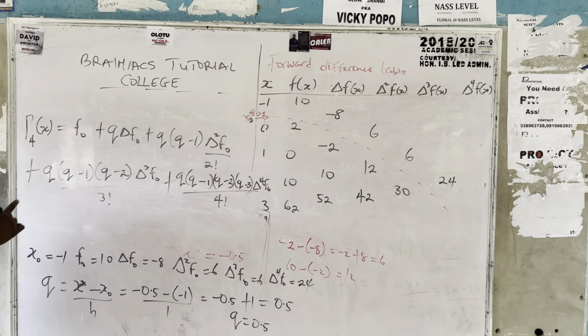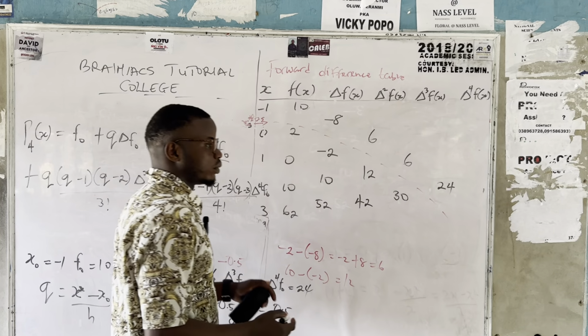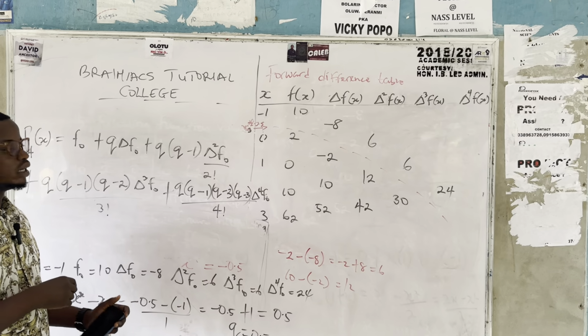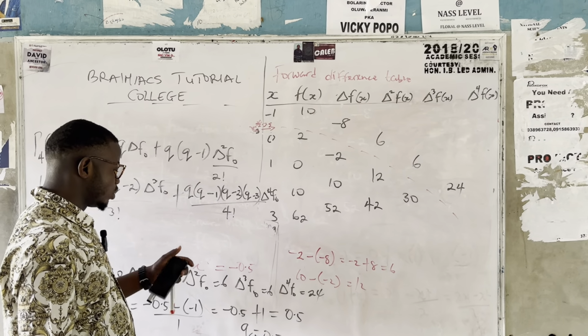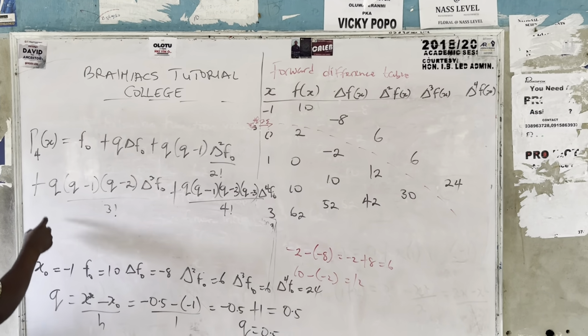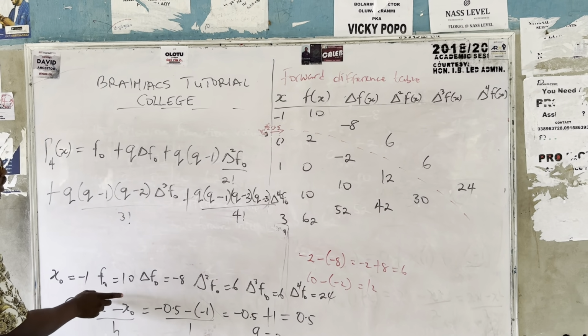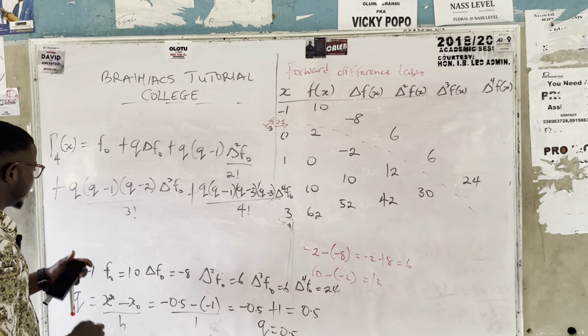So that's the formula. We need to stop at the fourth degree because here we have delta raised by 4 F of X. It was not stated in the question, so probably we should stop at the second degree or the third degree. That is why we need to write the whole formula out to obtain the value of F of minus 0.5. So now from here, the value of Q is 0.5. The value of F naught, we have that one to be 10. The value of delta raised by 2 F naught is there as well.